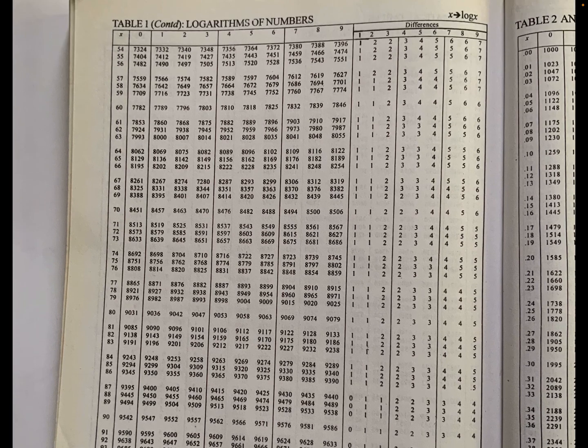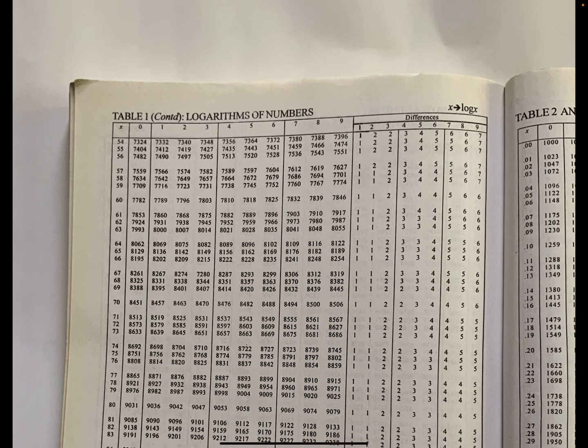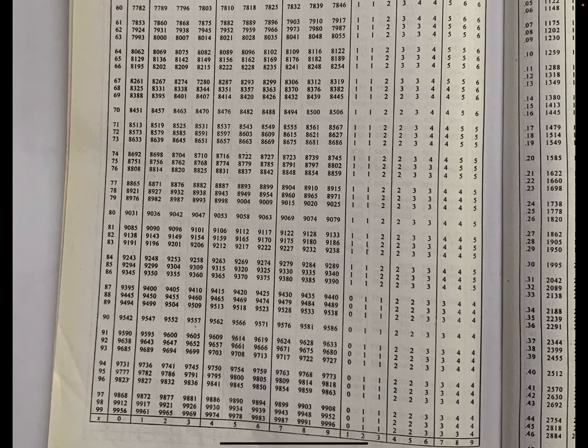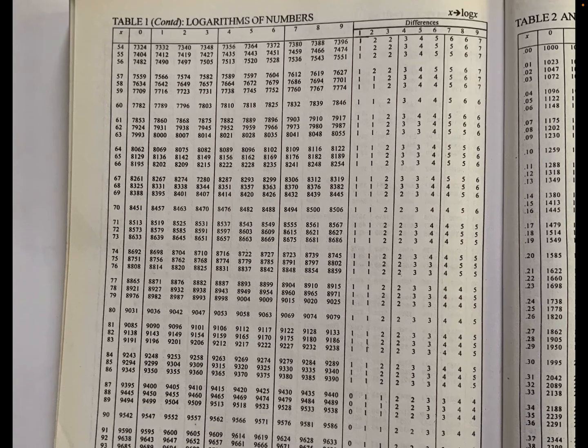Do that in your jotter, not in your note. 9795. Then the difference is 3.